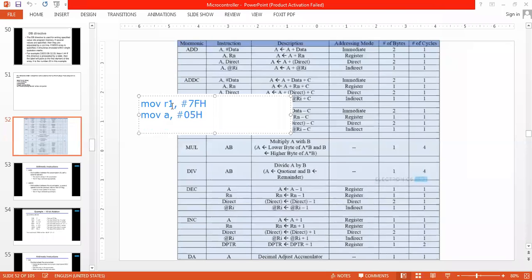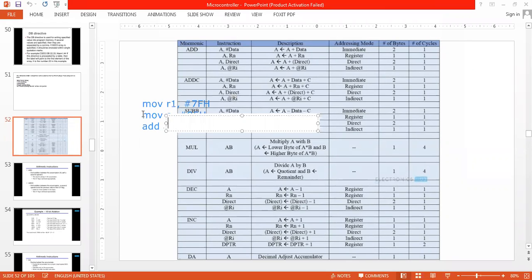Okay. Then, say for an example, what is my instruction? ADD A, @R1, right?